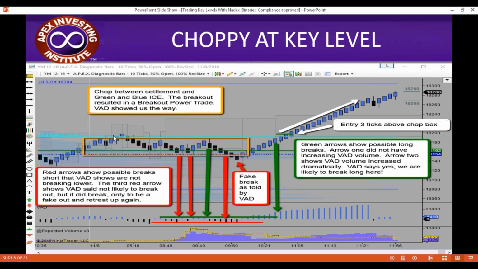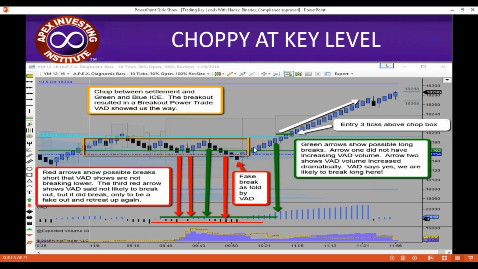Okay, remember these, so look at the pushes to the upside, the blue bars, up, up, up. Look down here. What is the accumulated volume level? What is the next push up? Very little volume to the upside, right? Look at these here. Here it came up almost to the chop box, like right to the top of the chop box. It made the top of the chop box with, look, very little volume. You see that? And then it does a fake break.